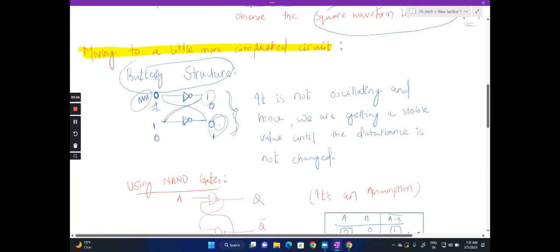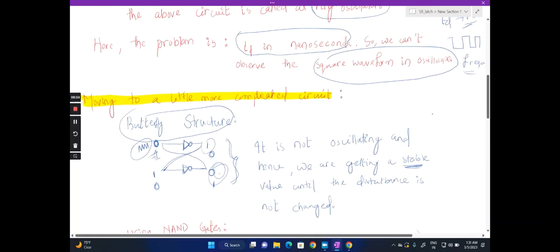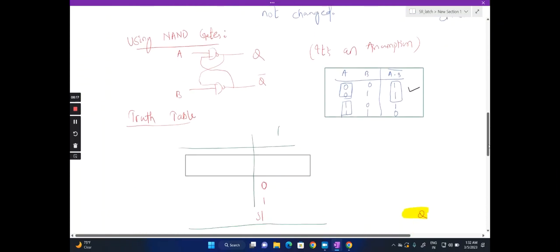So it is stable until the noise changes. The problem here is that we are depending upon the disturbance, upon the noise. Here the creator is the noise, but as engineers we want to take control in our hands. We should be the operator, we should be the creator.